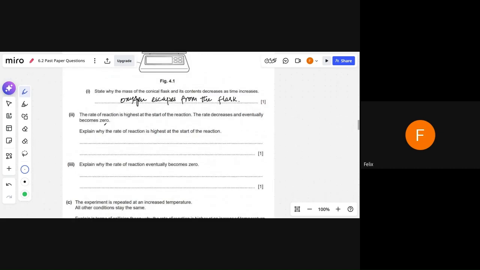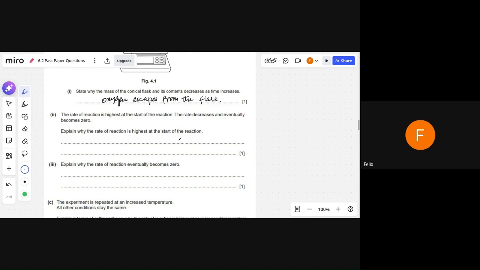Next question. The rate of reaction is highest at the start of the reaction, and the rate decreases and eventually becomes zero. Explain why the rate of reaction is highest at the start of the reaction. So if I draw the concentration versus time graph for reactants and products, it looks something like this.